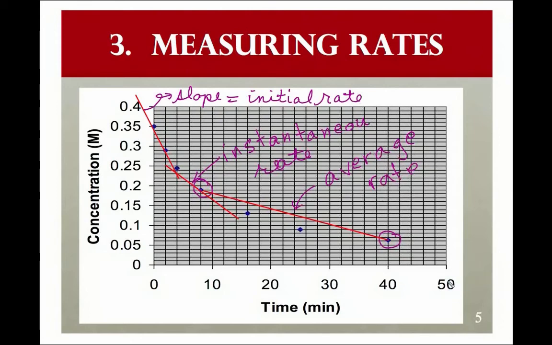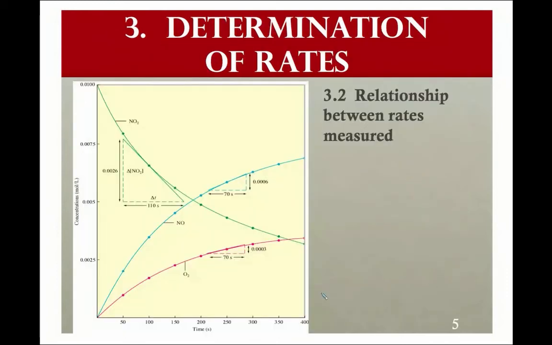Now, we're going to do a few calculations of that, and let's take a look at those very quickly. This will be a longish video, but I think it'll keep everything together here. So let's take a look at the relationships between rates measured. We already saw that our stoichiometry came into play here.